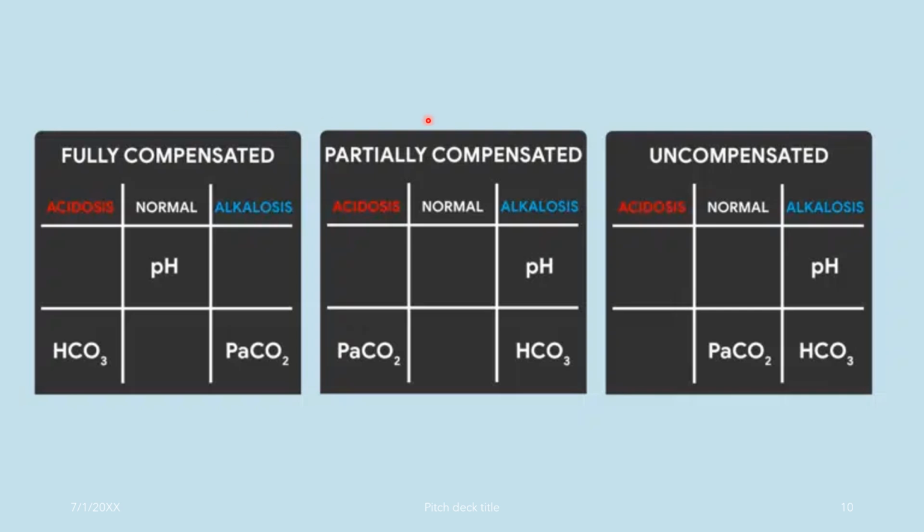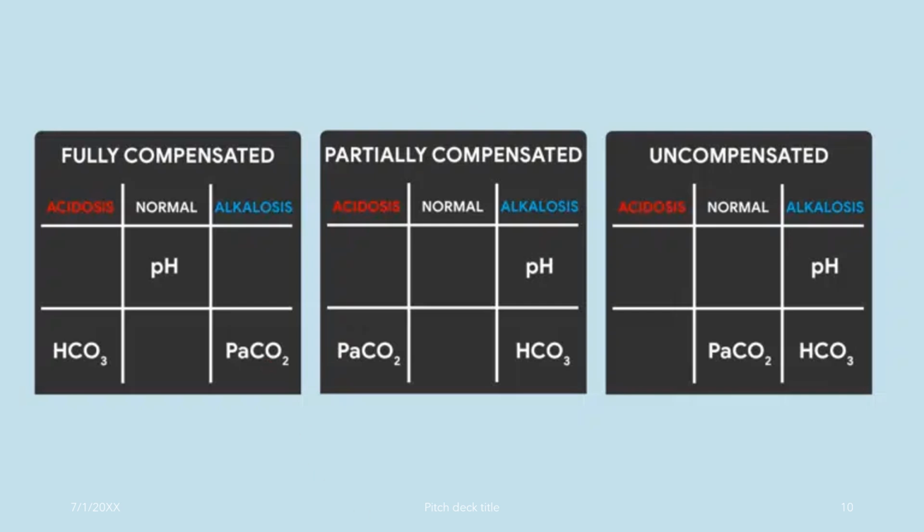So again, this is how we can tell if we're compensated or not, right? Fully compensated is a normal pH, and then we're going to have an abnormal bicarb, and our body is compensating by having a higher CO2 or an alkalotic CO2.